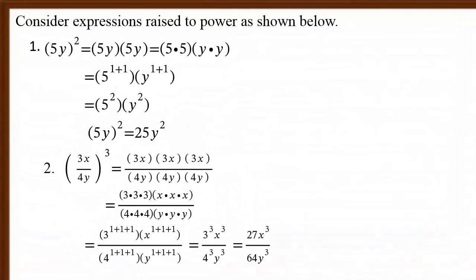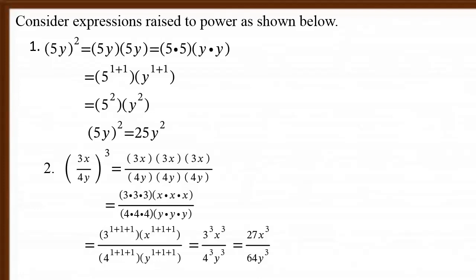Let us consider expressions raised to a power as shown below. Number 1, we have 5y squared. So 5y squared is equal to 5y times 5y. So we have 5 times 5, then y times y.